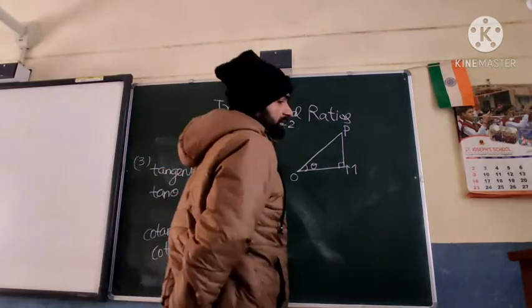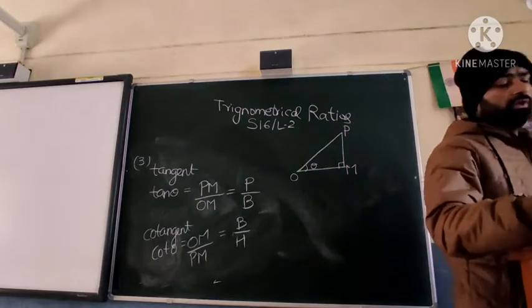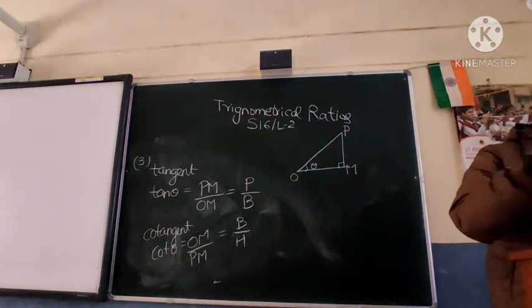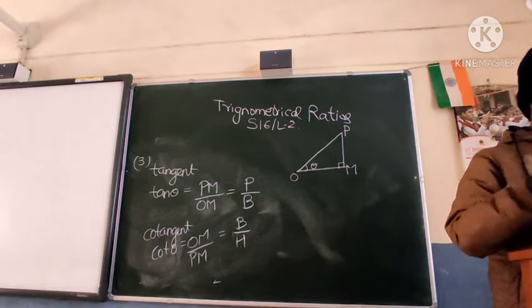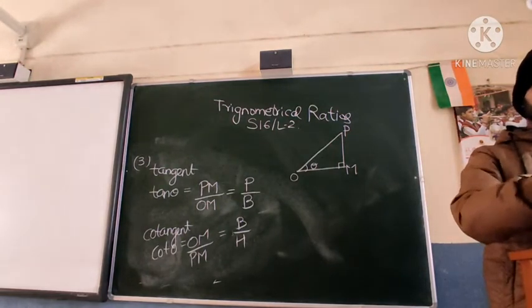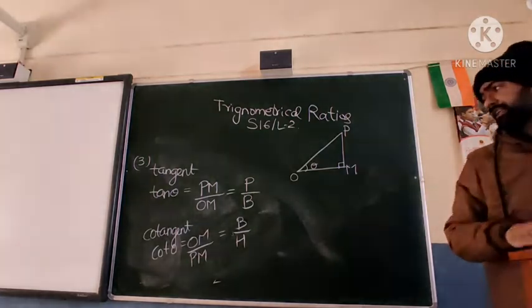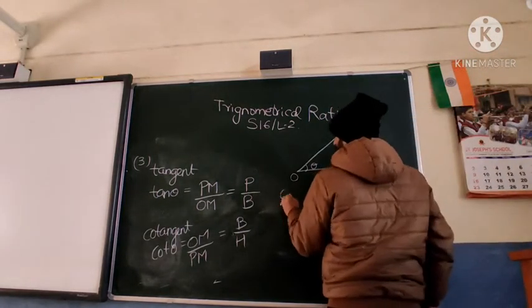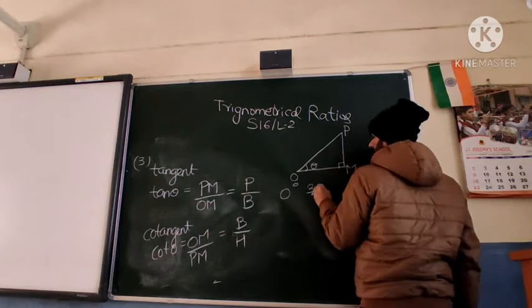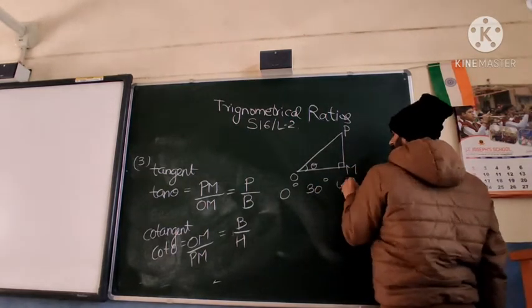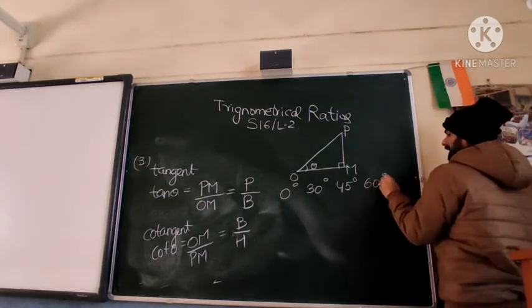Then see, there are standard ratios also for this. I have covered this thing here only. What are the standard ratios for 0 degree, 30 degree, 45 degree, 60 degree and 90 degree?